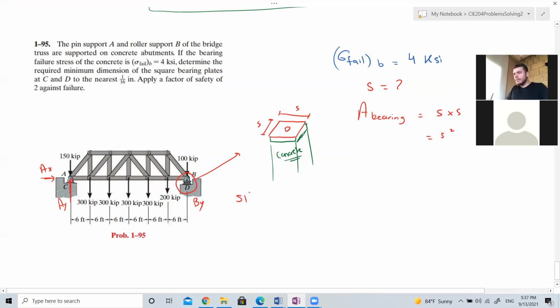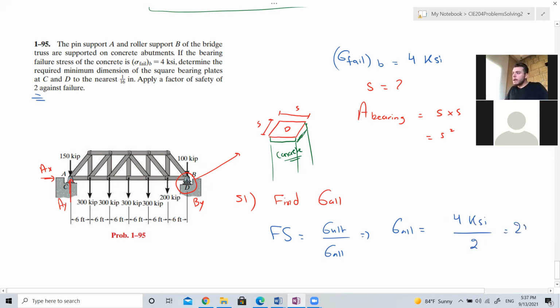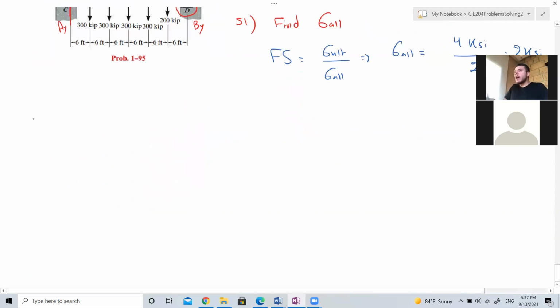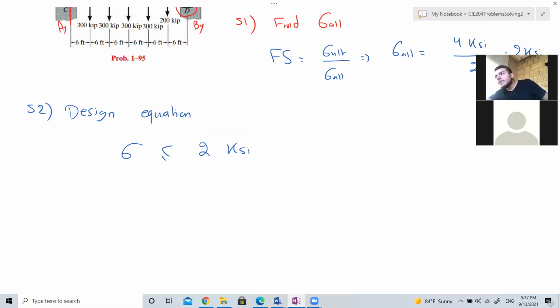What is step 1 if you are given a factor of safety and an ultimate? I must get the allowable. Right. So FS is sigma ultimate over sigma allowable. Sigma allowable is sigma ultimate, which is 4 KSI, divided by the factor of safety, which is 2. So sigma allowable is 2 KSI. Step number 2 is we need to use the design equation, so sigma is less than or equal to 2 KSI. But I told you in the slides on the website that you always work with pounds and inches.